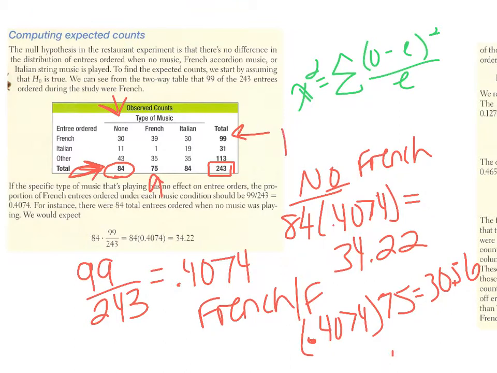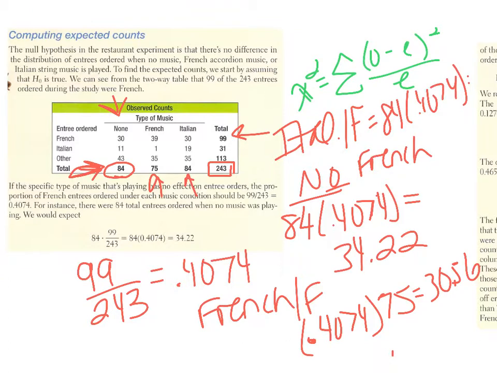When Italian music is playing and I'm looking at French entrees, 84 entrees were ordered that night as well. Again, I would expect about 41% of them, so I would expect 34.22 of the entrees to be French. So now I have expected numbers for all of the French entrees that were ordered.